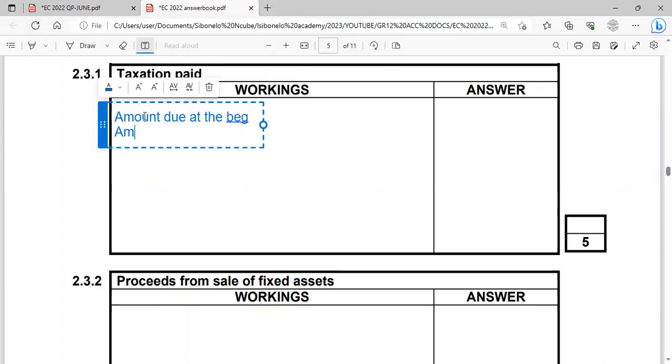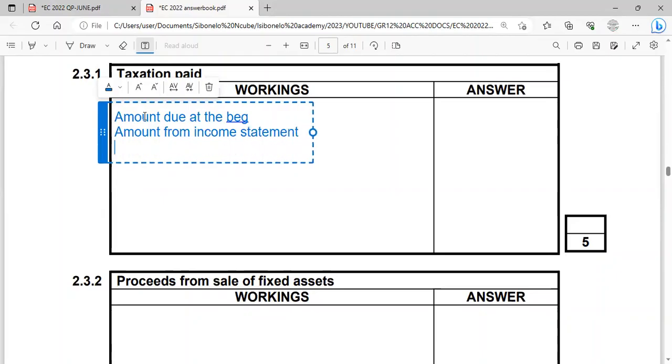And then we take amount from the income statement. Then amount due at the end of the period. So amount due at the beginning, amount from income statement, and amount due at the end.